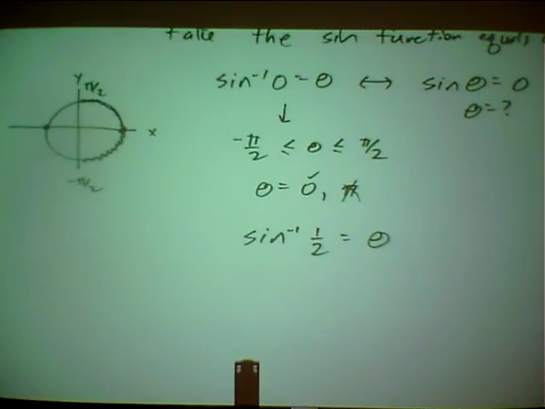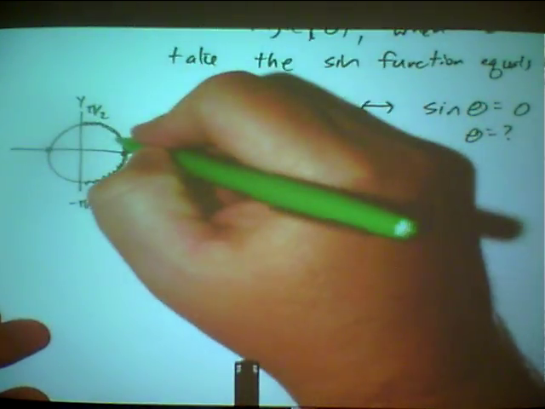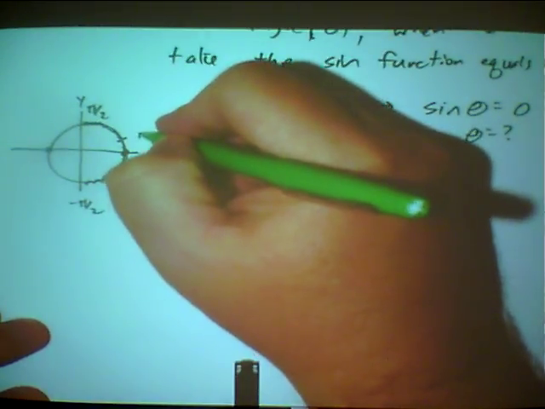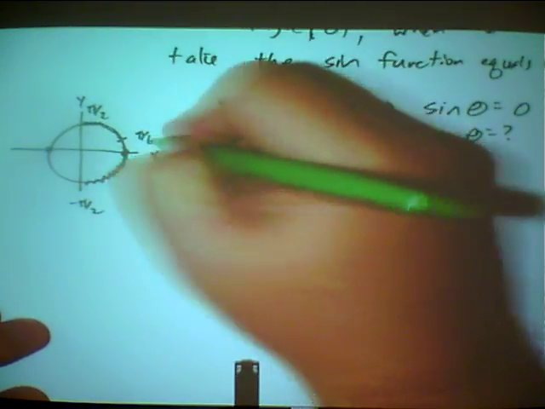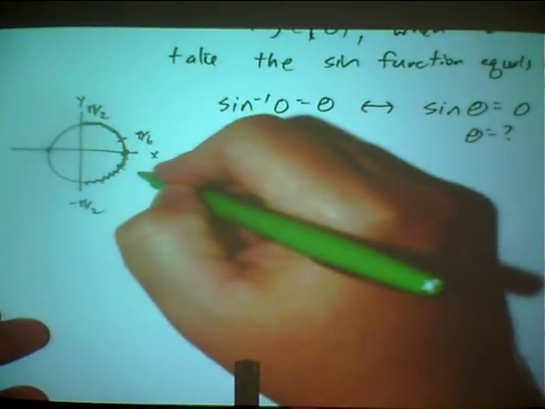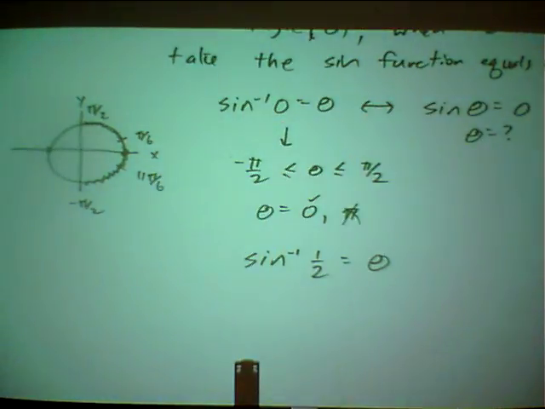So basically, I'm going to my unit circle and trying to figure out where in my unit circle is the sine 1/2. If I think about it, the normal unit circle, the sine 1/2 would be here at pi over 6, and over here, and with the normal unit circle, we call this 11 pi over 6.